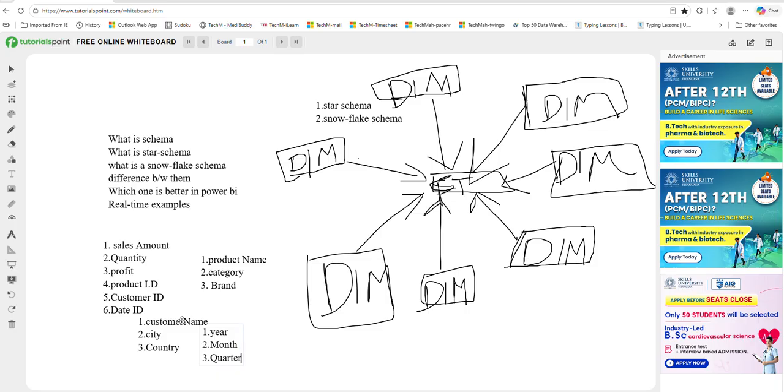So the table is started. Okay. All these tables, sales details and product details, customer details and date details, all these details will be connected to the sales table.